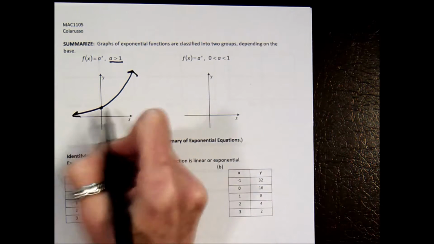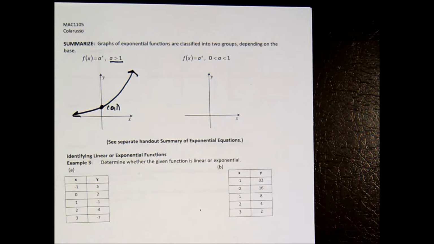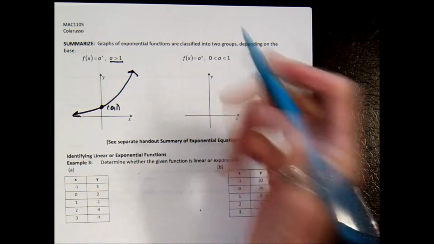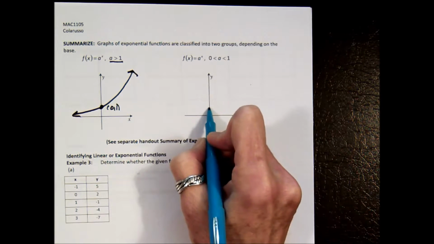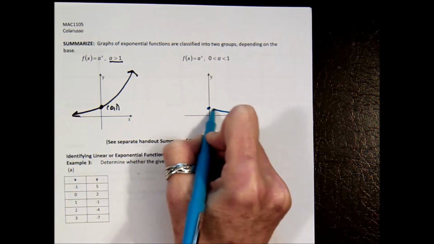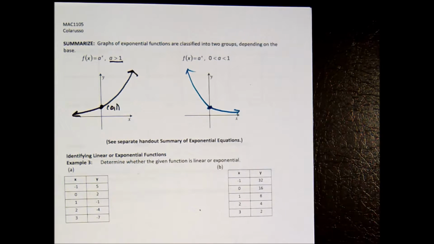This is the point (0, 1). If, however, we are talking about a base that's between 0 and 1, it still goes through this point, but it goes the other direction. It's reflected across that y-axis.